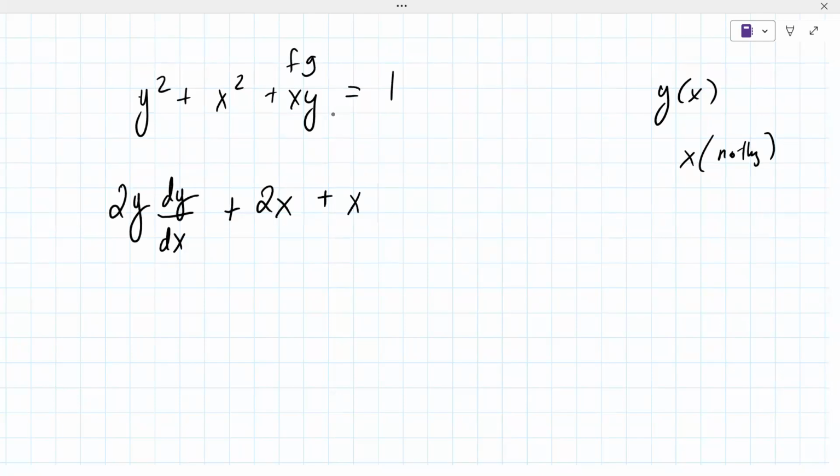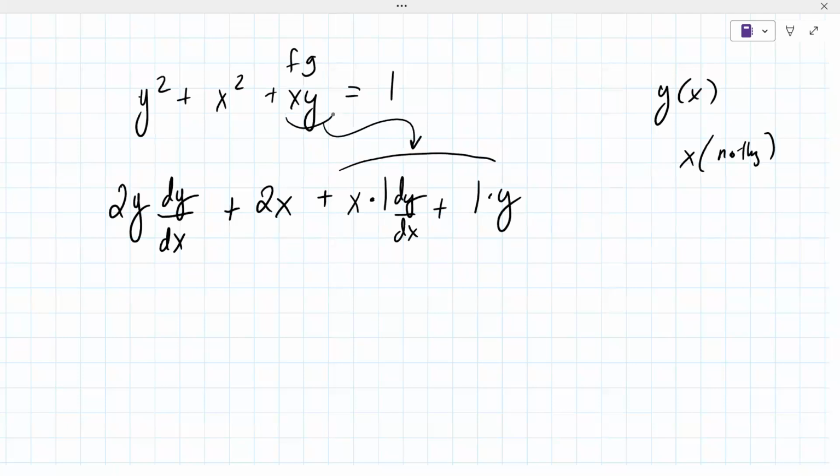This is product rule though. So you keep the first and take the derivative of y, that would be 1 dy/dx, plus the derivative of x is 1 times y. So the derivative of this equals 0.